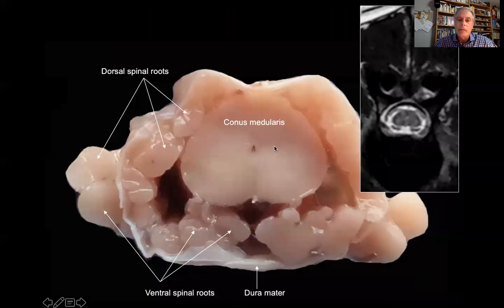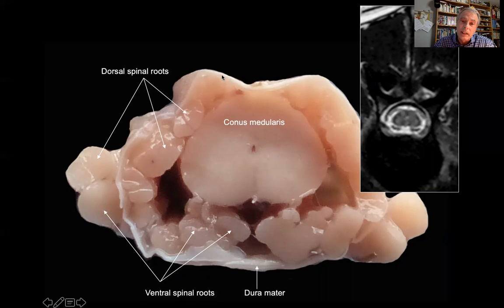So now what we have done is to cut transversally the spinal cord at the level of the conus medullaris. When you see an MRI, you see the spinal cord, okay? And then you see these structures here, and these are the roots of the nerves that form the cauda equina while they are still inside the single sleeve that surrounds the spinal cord.